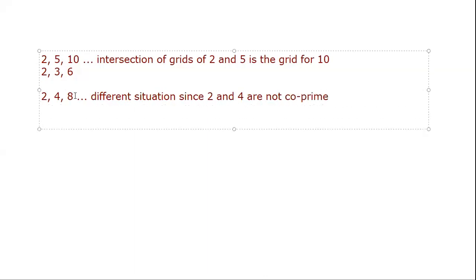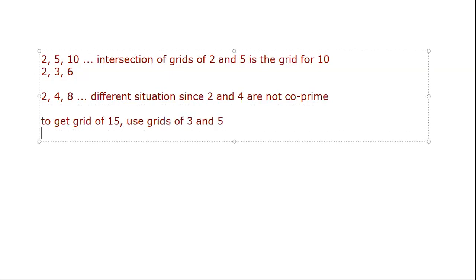So similarly, to get the grid of 15, you use grids of 3 and 5. So to get the grid of 12, which ones do you use?